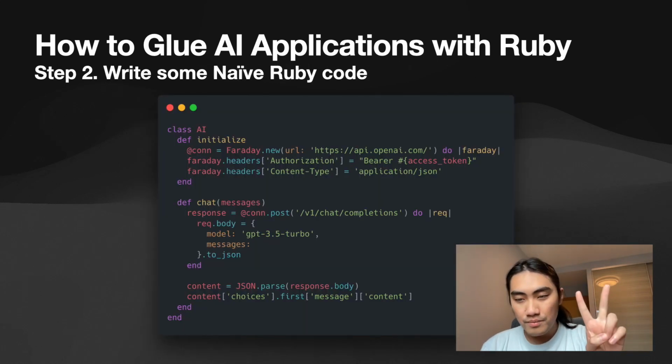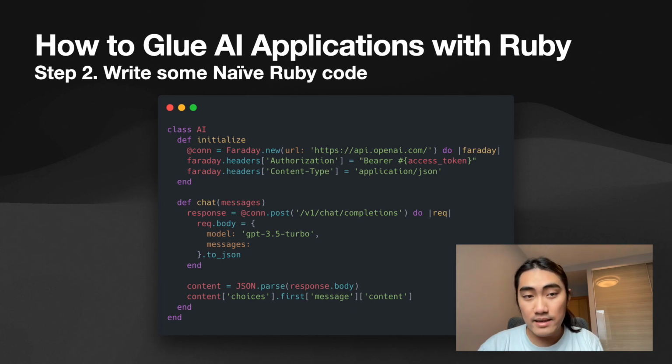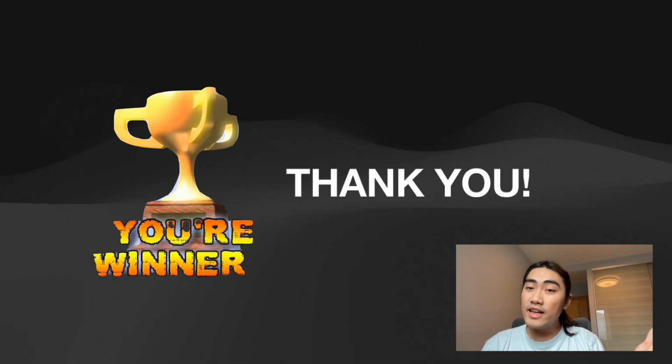Step 2, you need to write some naive Ruby code. If you use a Ruby gem like Faraday, it will be much easier. You just need to send a request, parse the results from OpenAI, and that's it. That's all you need for building AI applications in Ruby. Thank you for listening, and it will be the Q&A time.